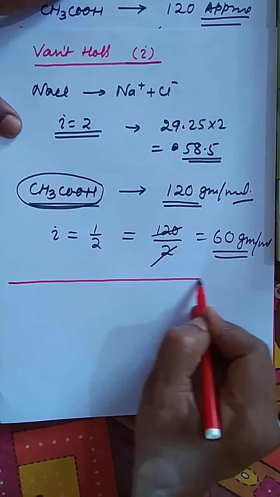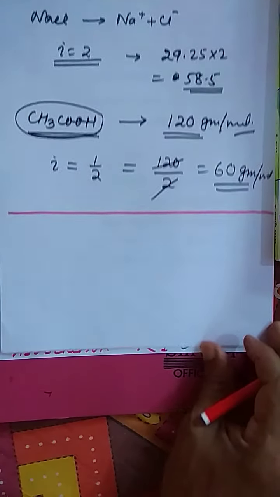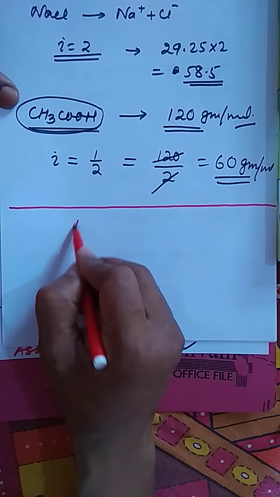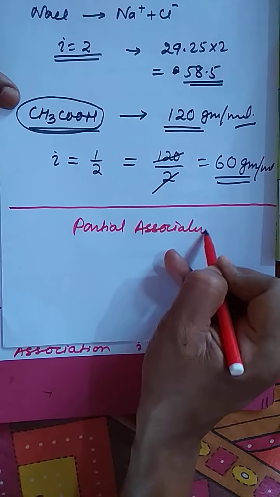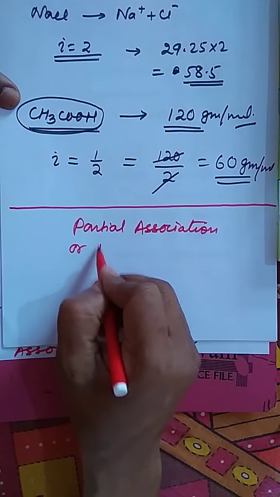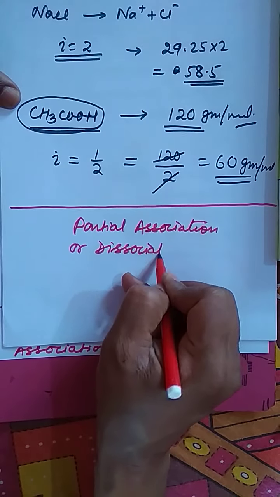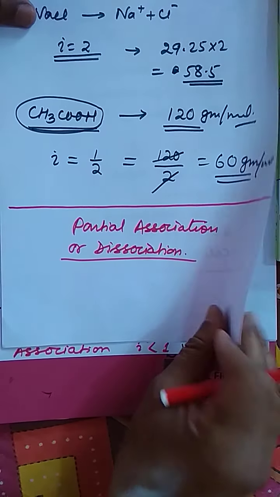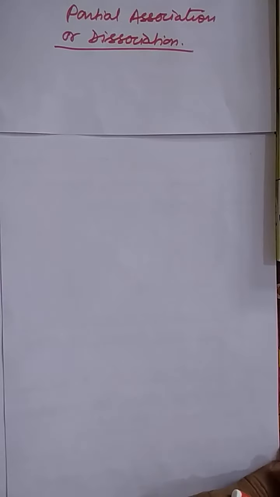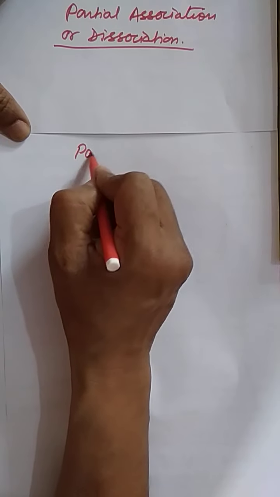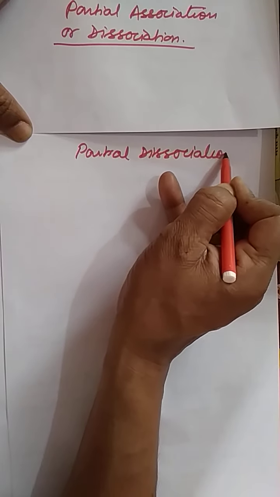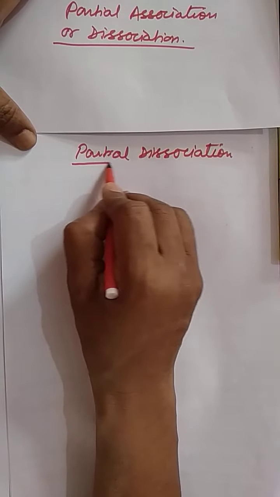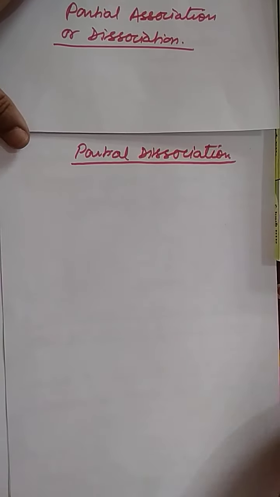So friends, in case of complete association or dissociation, it is very easy to find the value of i. Now come on. In case of partial association or dissociation, first we see partial dissociation. It's a case of degree of dissociation because a fraction of molecules get dissociated.